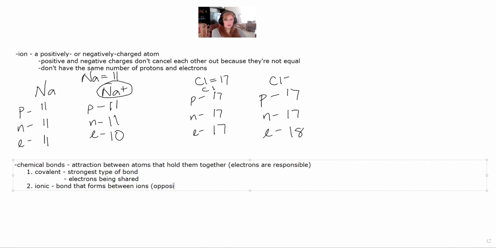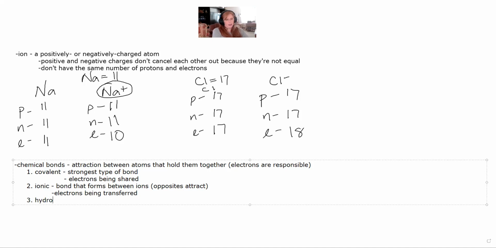In ionic bonds, rather than being shared, kind of think about those electrons being transferred. Okay. I'll get into this a little bit more in a second.